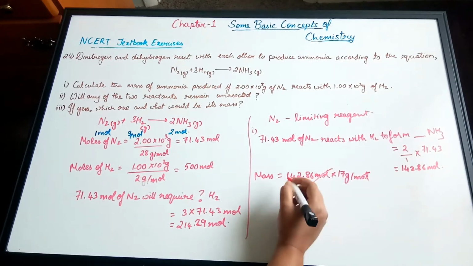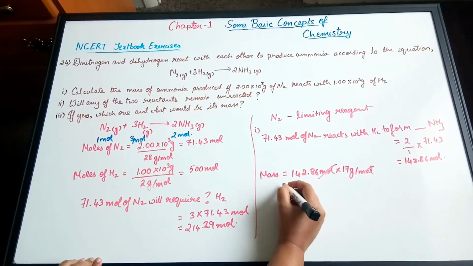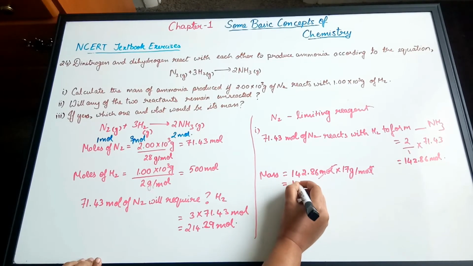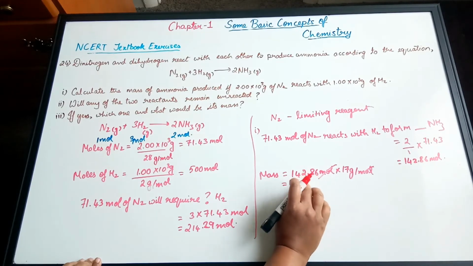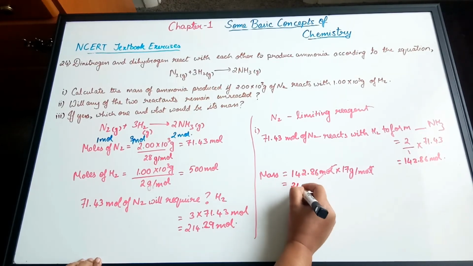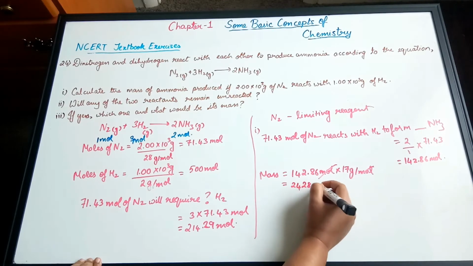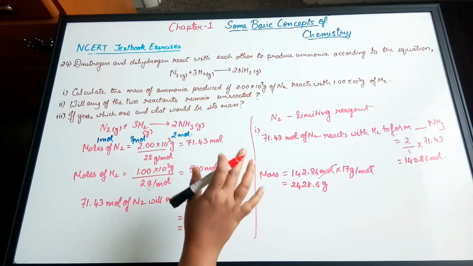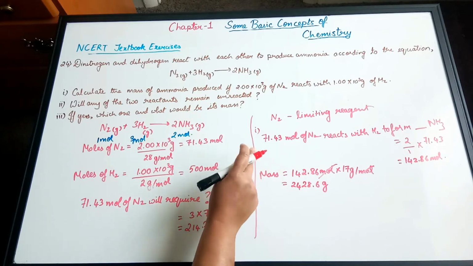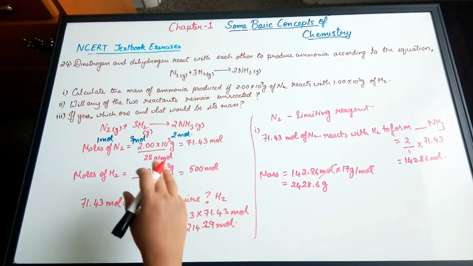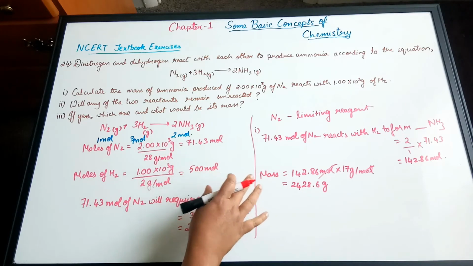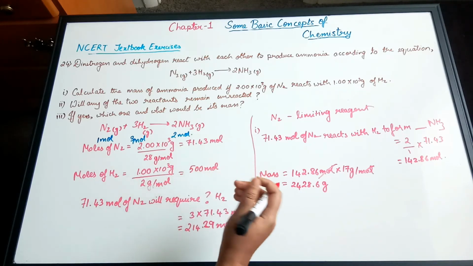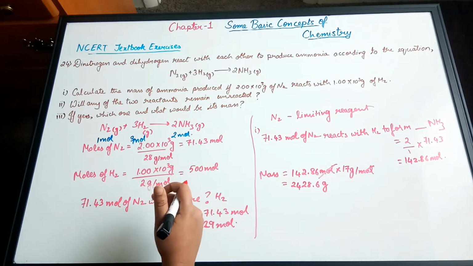Moles cancel, leaving behind grams, and this is equal to 2428.6 grams. So first we calculated the number of moles, because we know the number of moles of nitrogen which is reacting, and from the number of moles we calculated the mass, because the number of moles equals the mass divided by the molar mass.